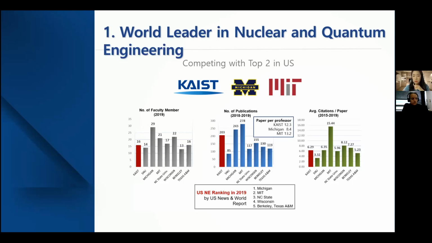So you can see that NQE in KAIST is quite good. And you can also see that the output of students from NQE in KAIST is quite comparable to those in MIT and other top schools in the US.